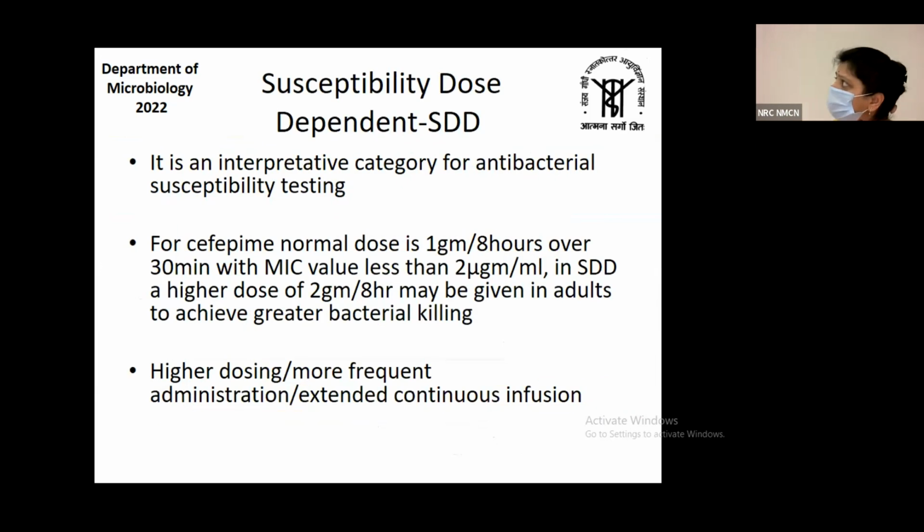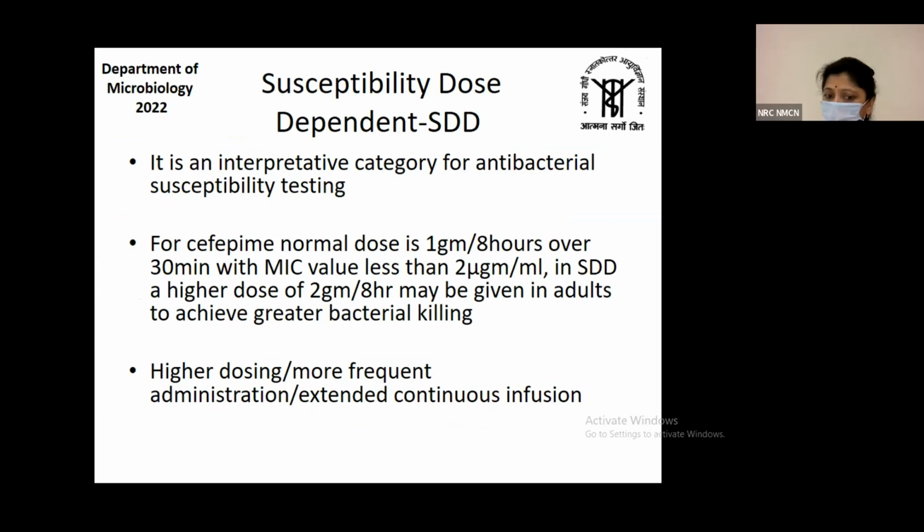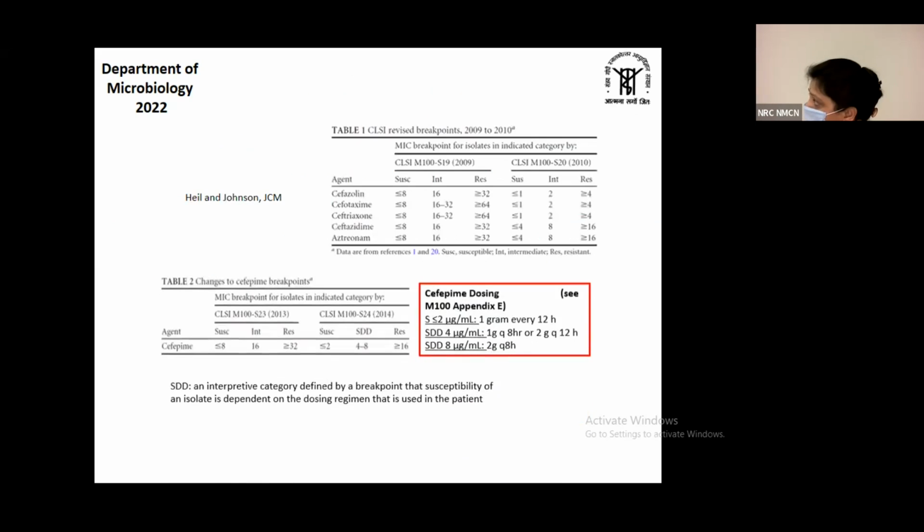Now there was one term which was known as SDD, that is susceptibility dose dependent. Now what is susceptibility dose dependent? So susceptibility dose dependent is if you give higher dosing or you give more frequent dosing, or you can give extended infusion of the same agent, then an isolate can be treated.